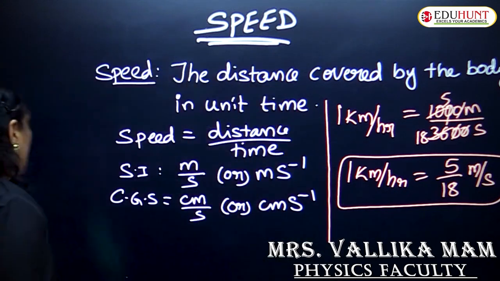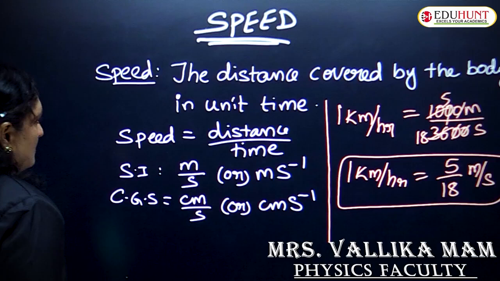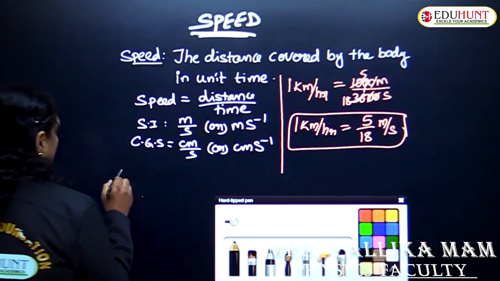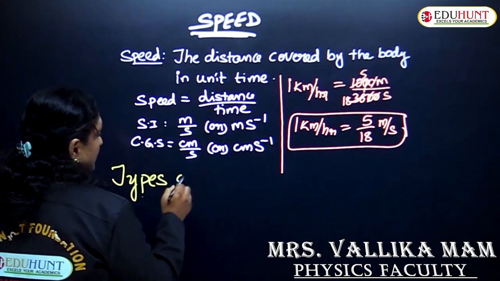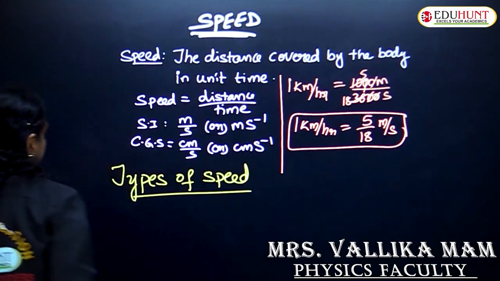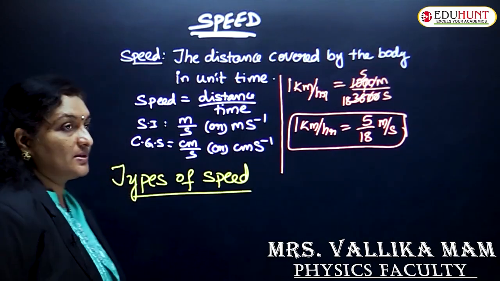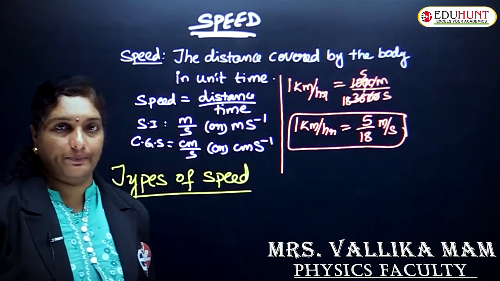Okay children, next, let us discuss something more about the types of speed. Generally, speed is of two types: uniform speed and non-uniform speed.